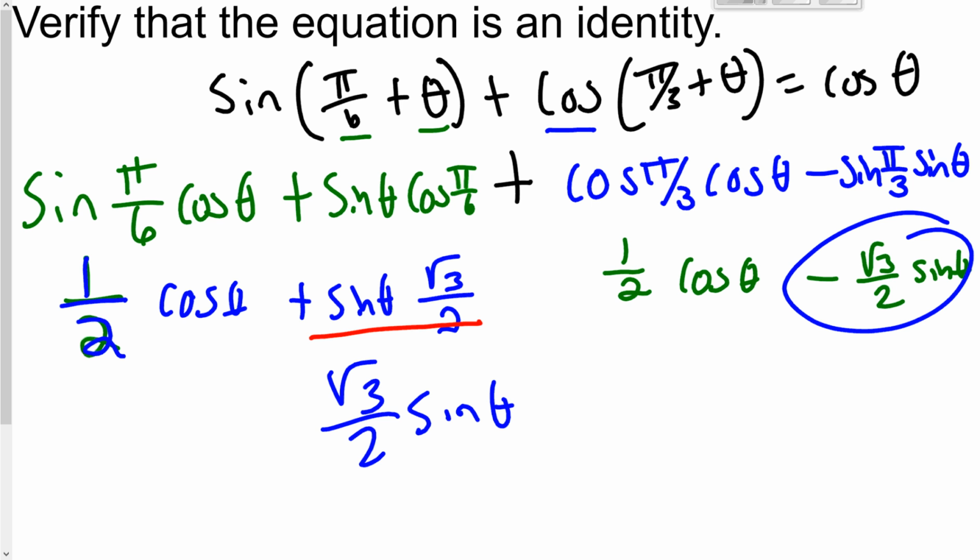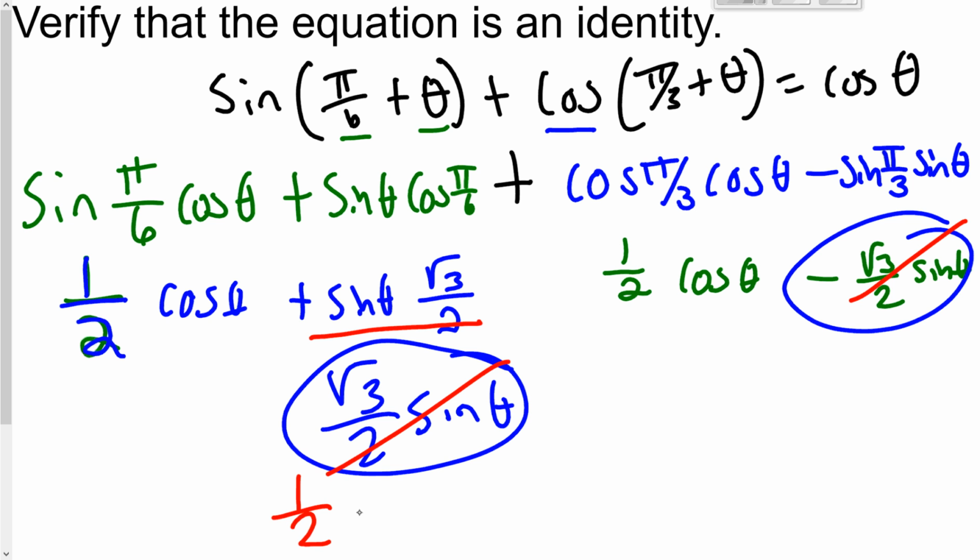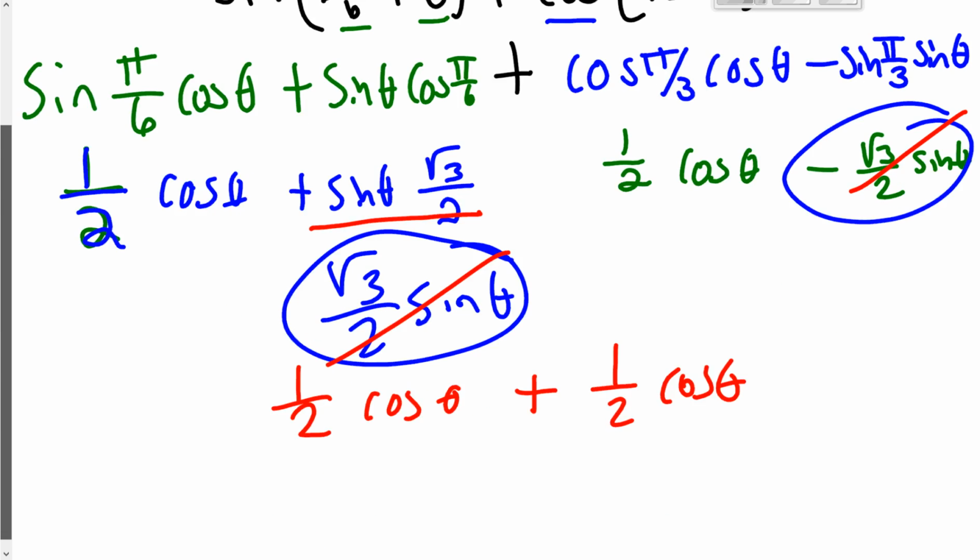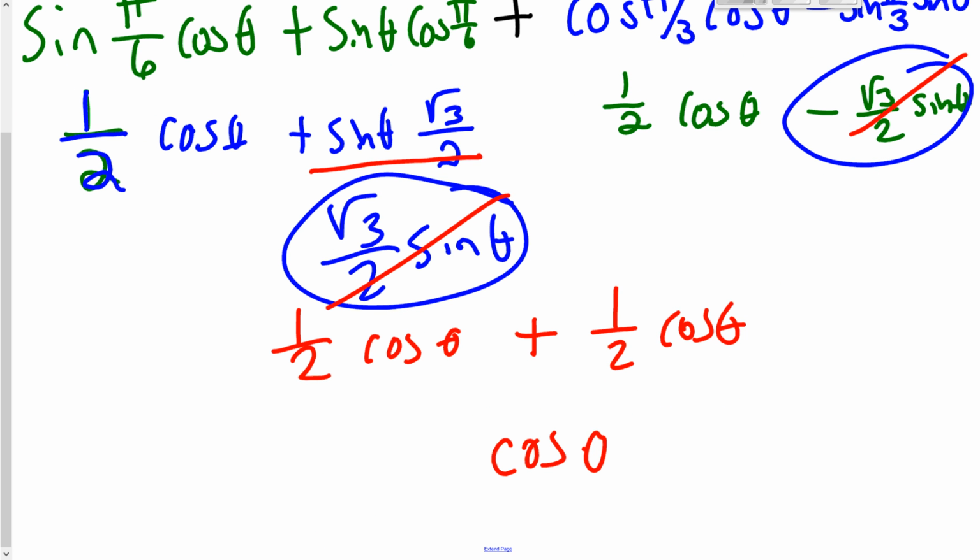So these are going to cancel out, and then we'll have 1/2 cosine of theta plus 1/2 cosine of theta equals a whole cosine of theta. And so there, left-hand side equals right-hand side.